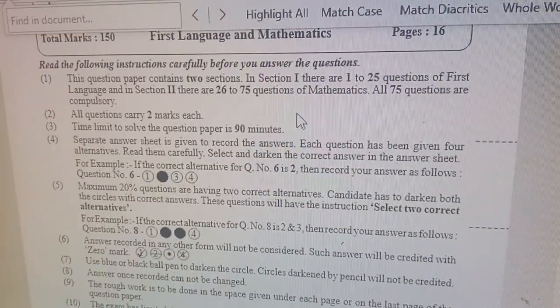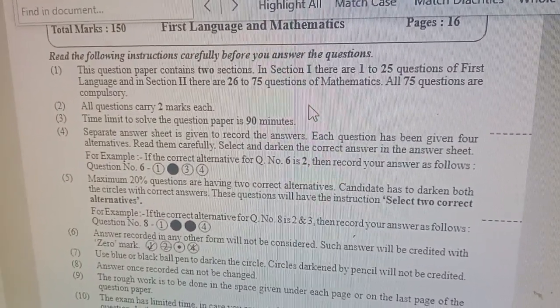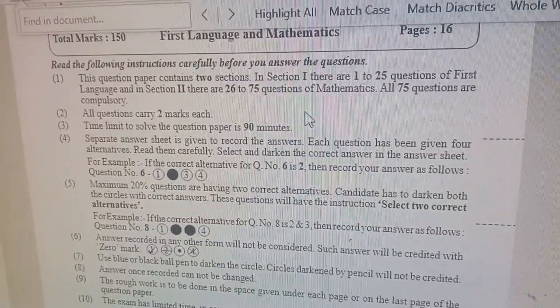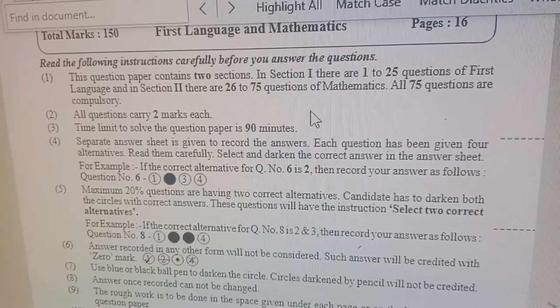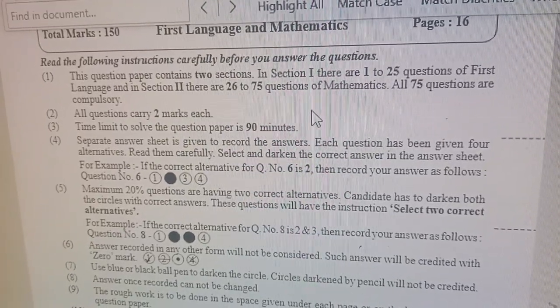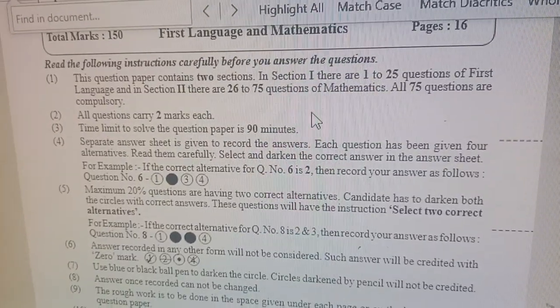So what are the basic questions and how do you solve this scholarship paper? If you pass this scholarship paper, you can get scholarship money if you get first class in this exam.